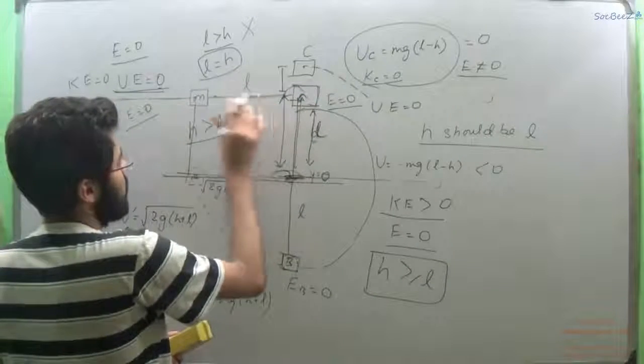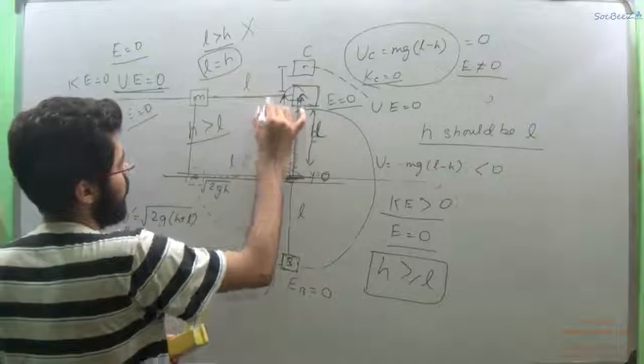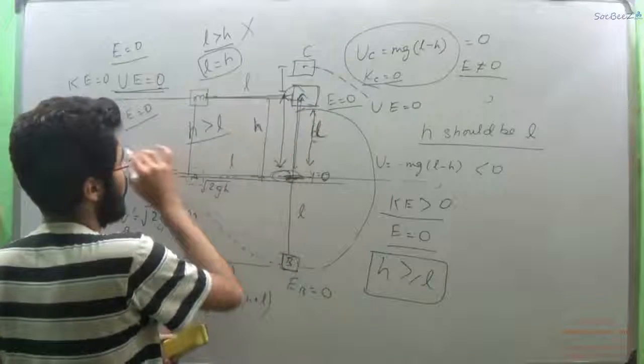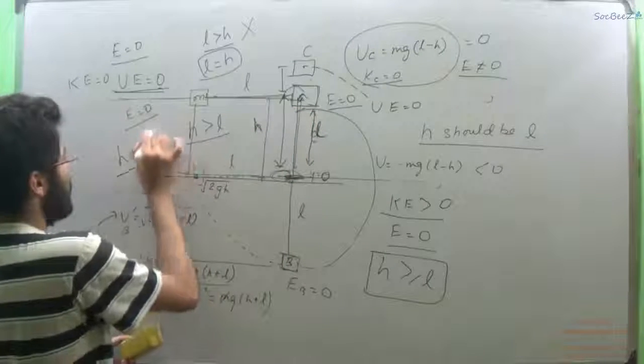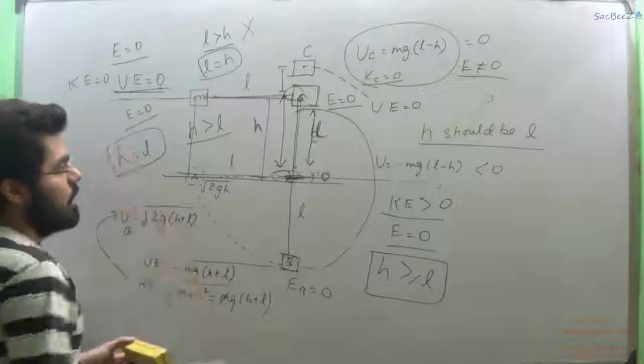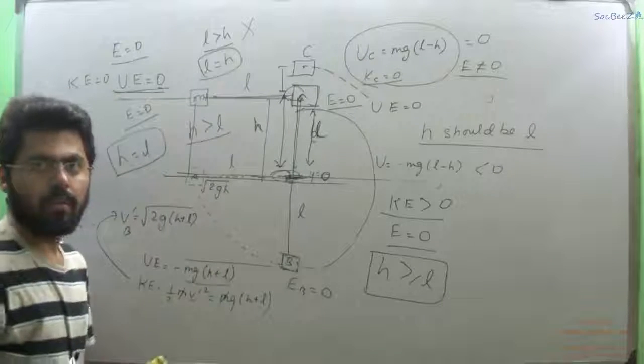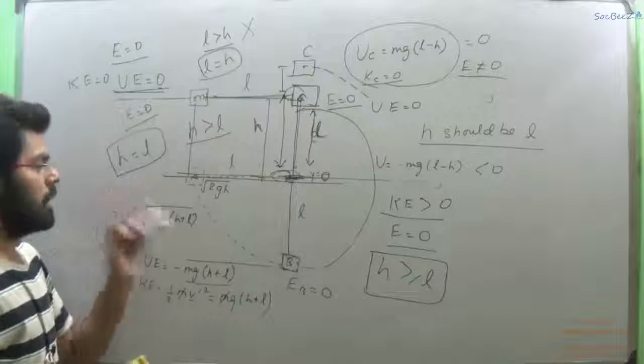It means this given height H and this rod length L have to be equal. Then only we'll get a solution of this problem. Minimum value of H should be L.